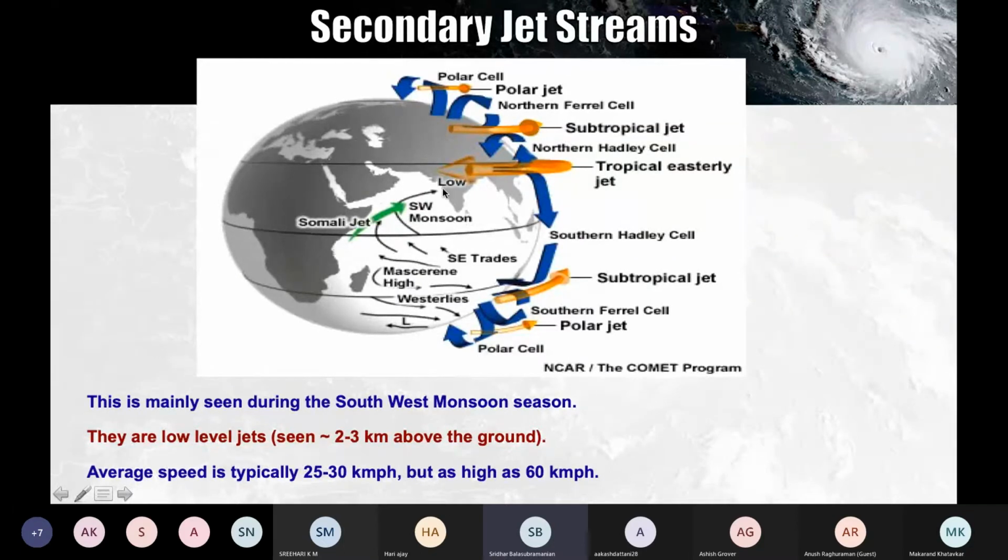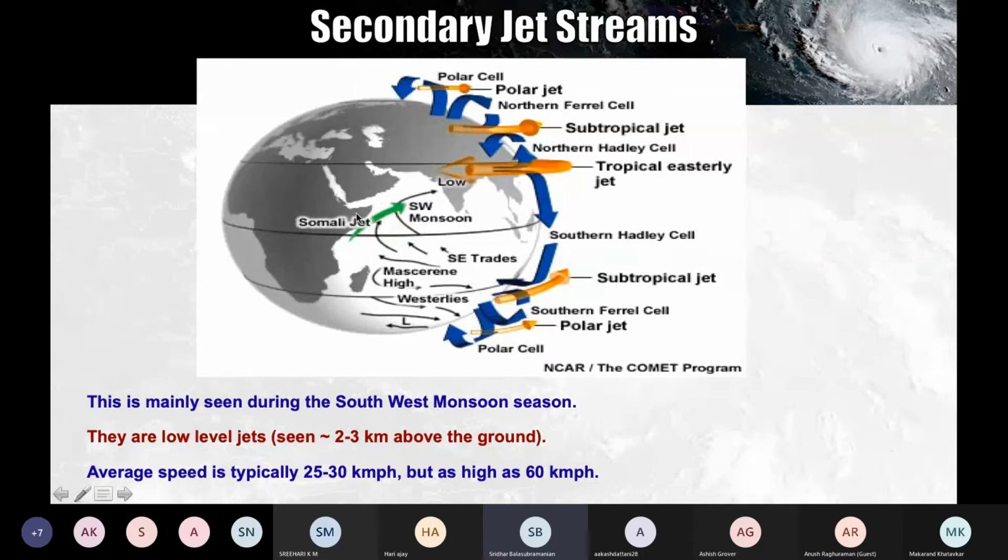So it has moved up north, and that is why your monsoon is able to penetrate. Once the monsoon current starts withdrawing, the subtropical jet stream will also start moving down. This movement of the subtropical jet stream up and down is closely related to how the monsoon currents propagate.